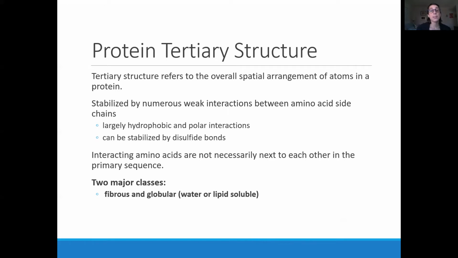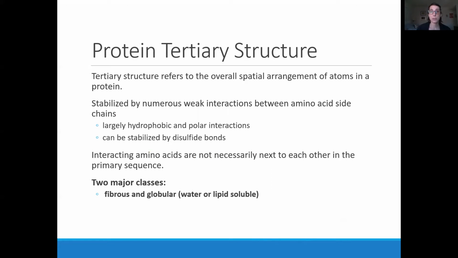Now, we tend to classify proteins based on the type of tertiary structure they have. The two classifications are fibrous proteins and globular proteins, and they end up looking like how you would expect them to look. When we talk about fibers, these are usually long strands of some type of structure, so fibrous proteins tend to be in strand formations.